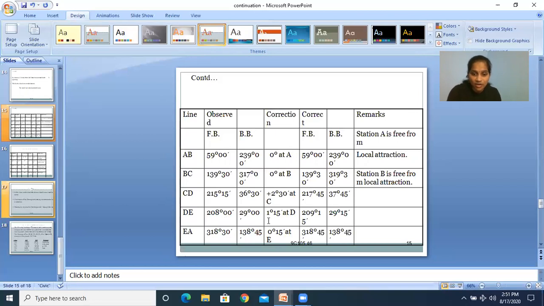For DE line, 1 degrees 15 minutes is the error at D, and the correct values are 209 degrees 15 minutes and 29 degrees 15 minutes.